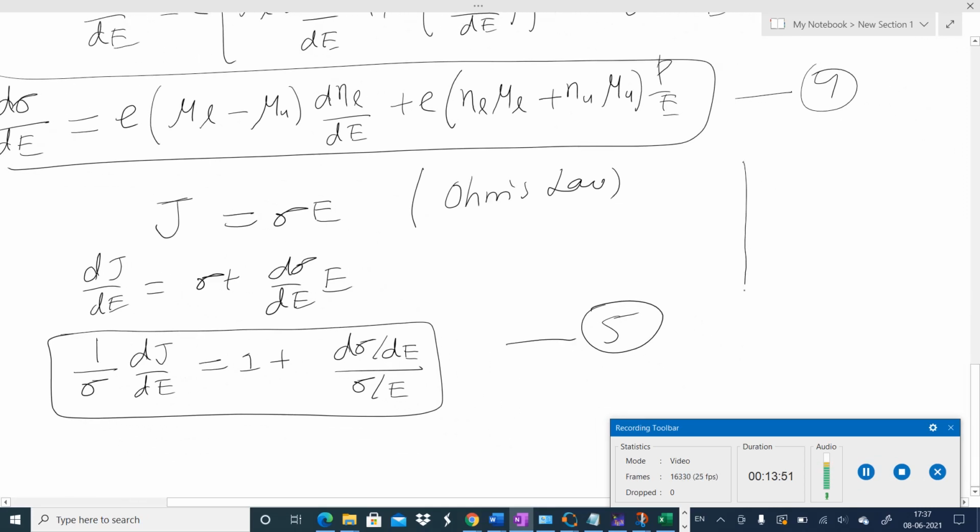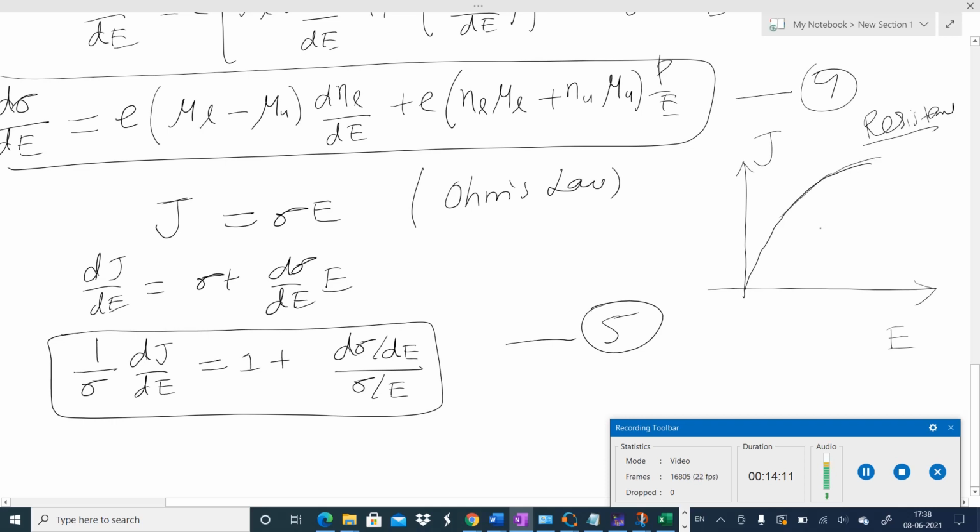Just recall that for usual semiconductor materials, if you plot this JE diagram, current density versus electric field, you will see that the slope usually is positive, and the slope of this JE curve is the resistance. You know that its slope is always positive.